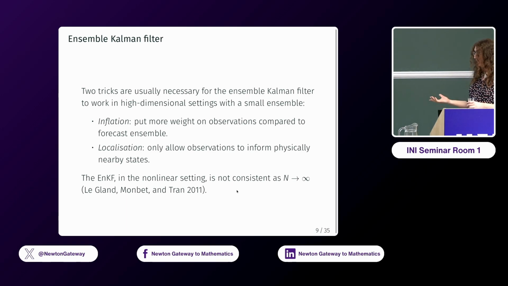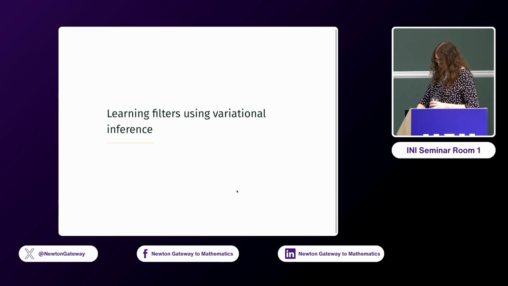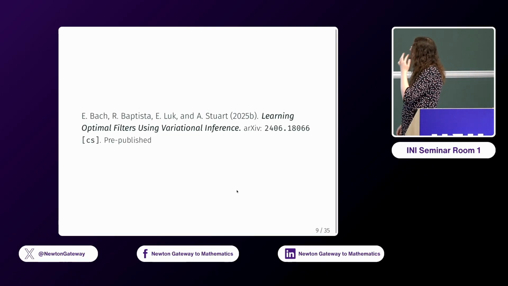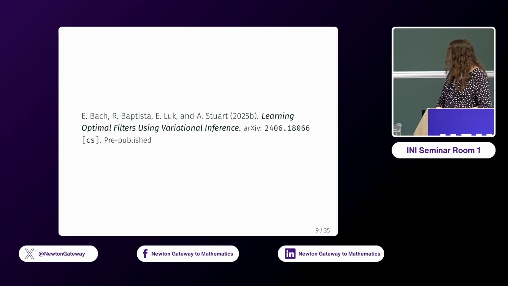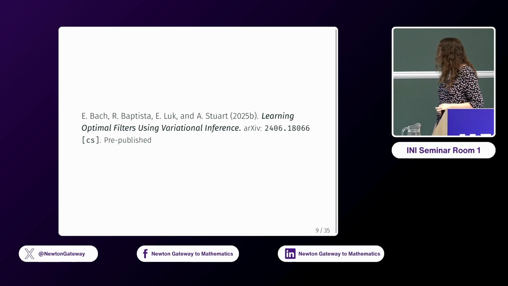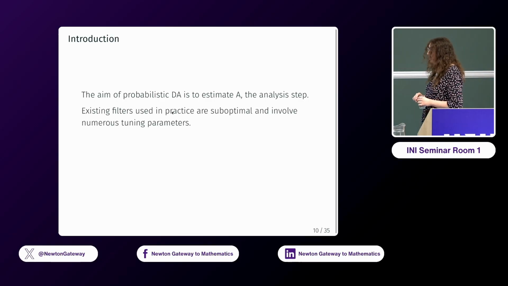And this is part of the motivation for what I'll talk about next, which is learning filters. So first I'll talk about some work we did on learning filters using variational inference. This is in a preprint with Enoch Luck. He did a lot of the numerical experiments, and Andrew Stewart and Ricardo Baptista. So the aim of probabilistic data assimilation, as I've described it, is to estimate this analysis step.